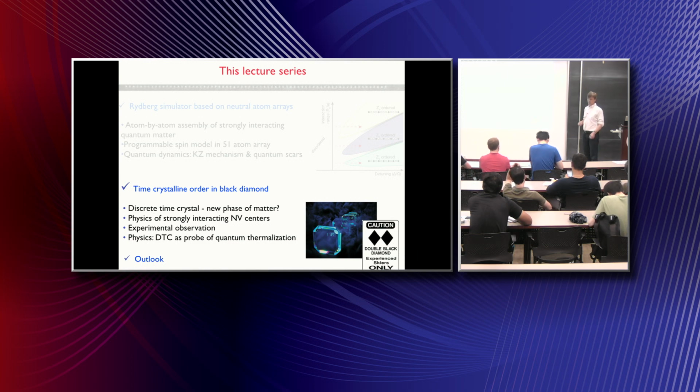I talked about experimental ingredients, and also how we can implement spin models with tunable interactions, tunable couplings, and use it to explore different types of phase transitions. In the second lecture, I talked about probing quantum dynamics using the system, in particular observing the quantum Kibble-Zurek mechanism. And I also talked about this concept of quantum scars.